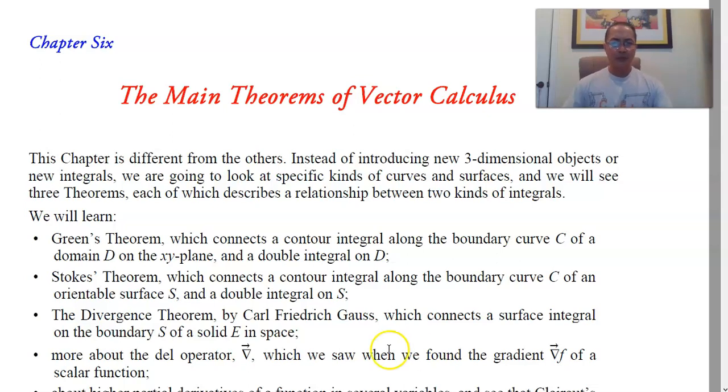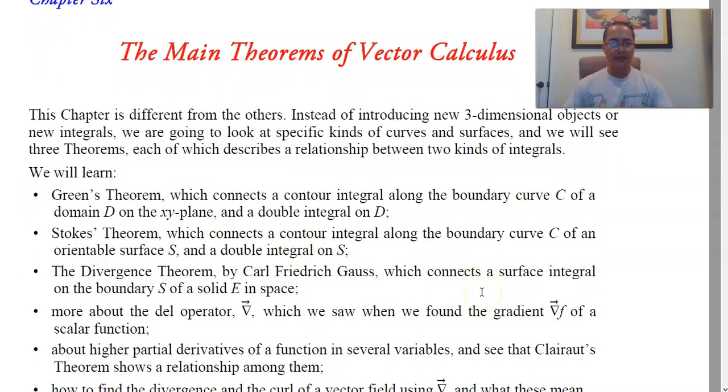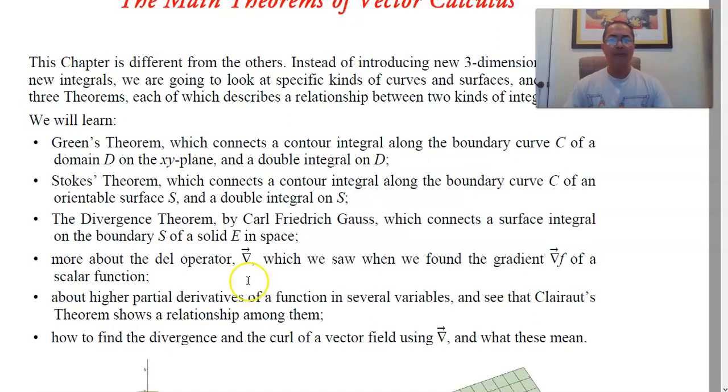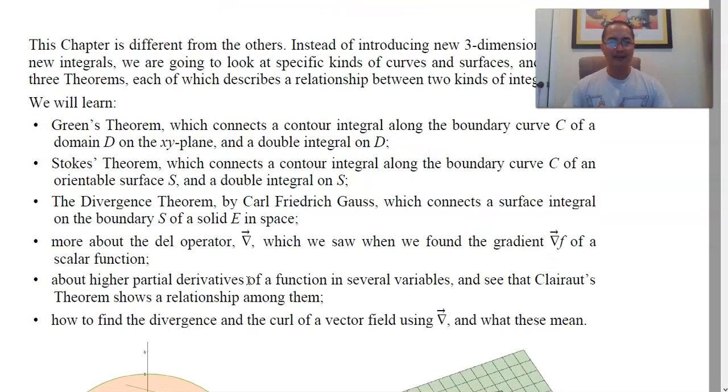Okay, so to connect these integrals, we are also going to learn about the del operator, which we saw when we found the gradient of a scalar function, actually, and we will apply that operator to vector fields to produce other vector fields and other scalar functions. Just to be vague about it.